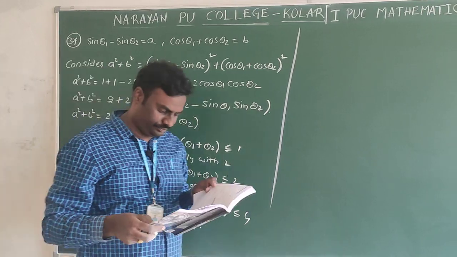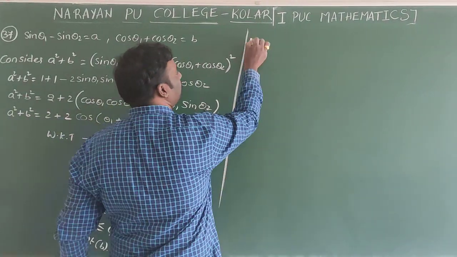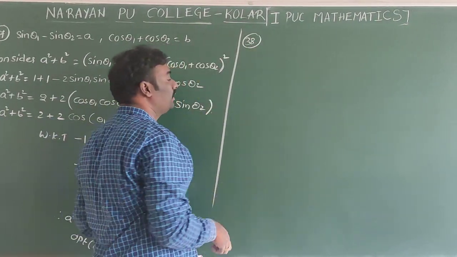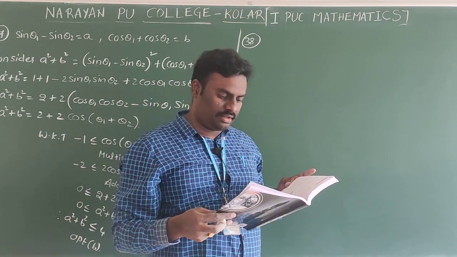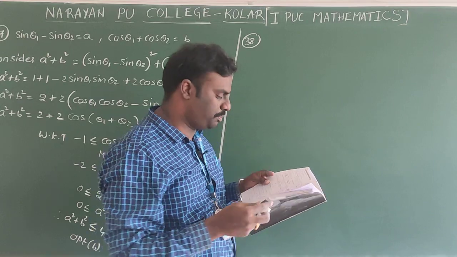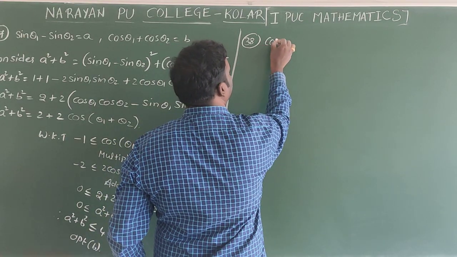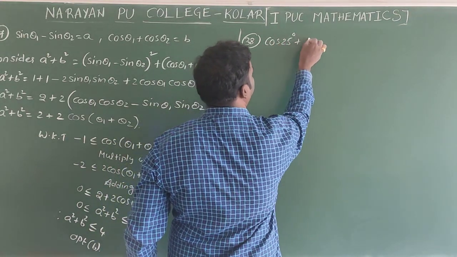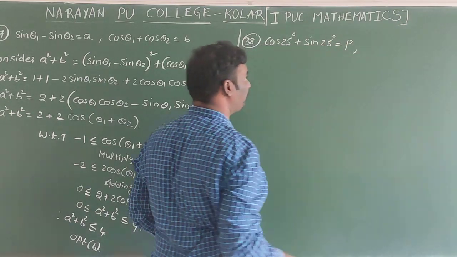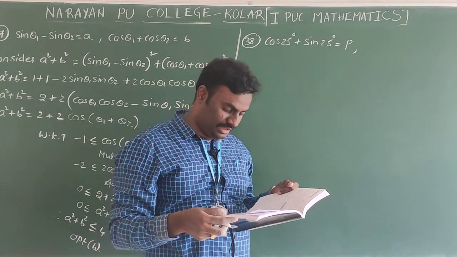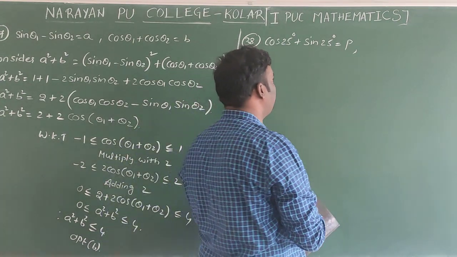Next, 38. In question 38, cos 25 plus sin 25 is equal to P. So we need to find the value of cos 50.